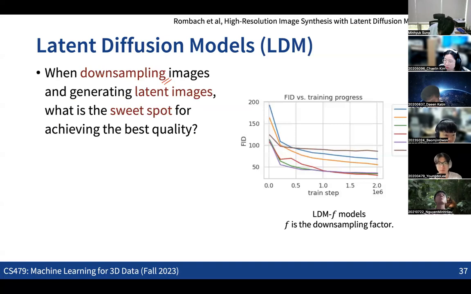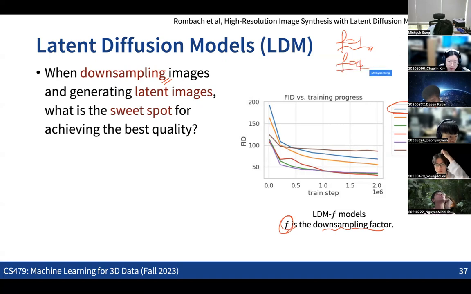Here the F means the downsampling factor. When F is 1, there is no dimension reduction, and the original images are used as input. For LDM with F equal to 4, the resolution has been decreased by a factor of 4, so if you start from 256, it is decreased to 64.